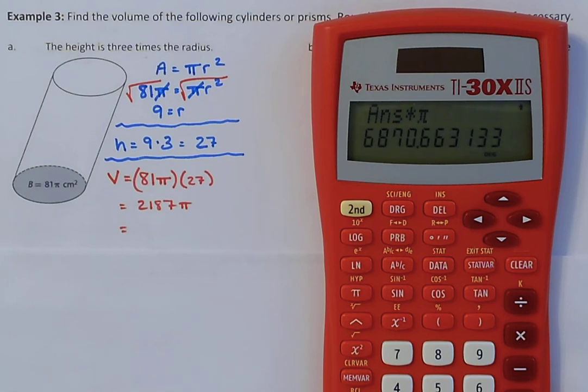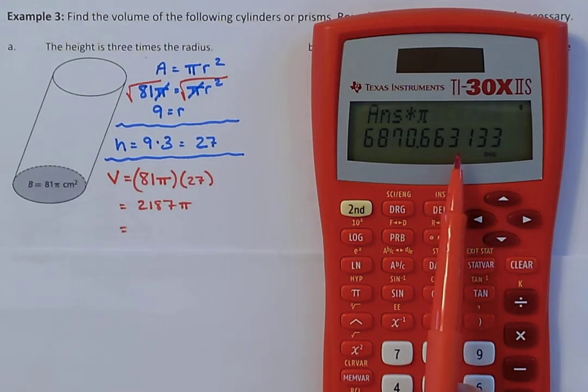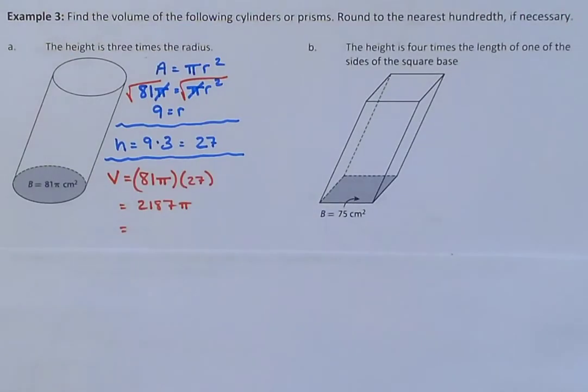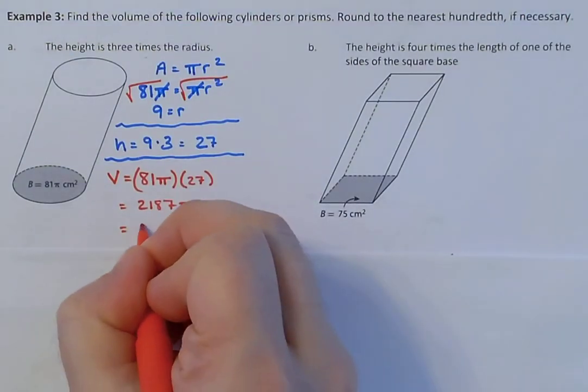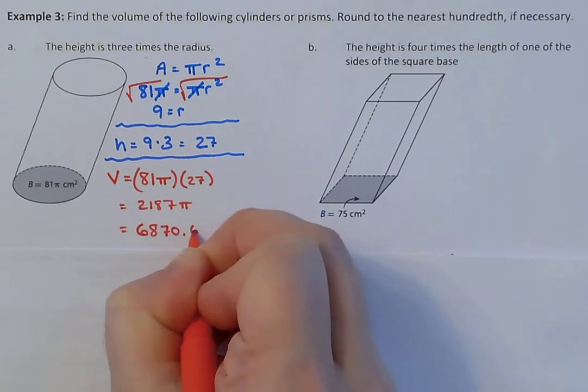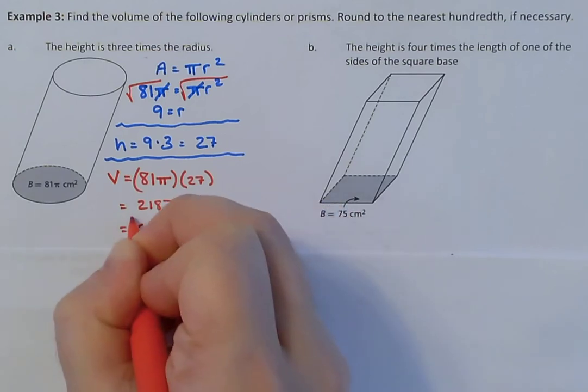It's set to the nearest hundredth, so 2 decimal places puts me at 0.66, and because the next digit is 3, it stays as 0.66. So 6,870.66 centimeters cubed.